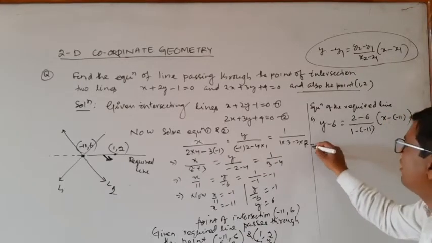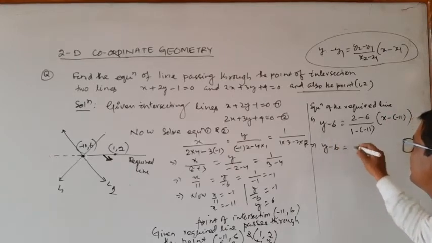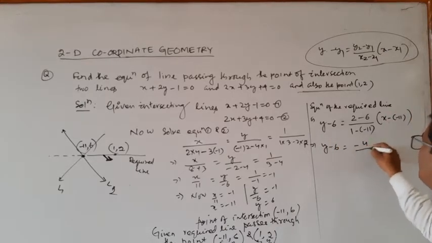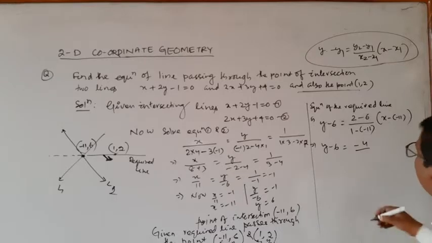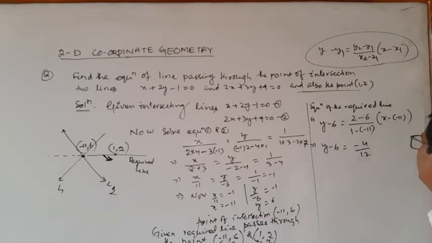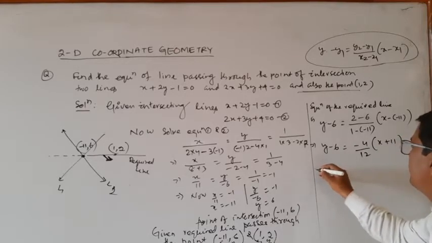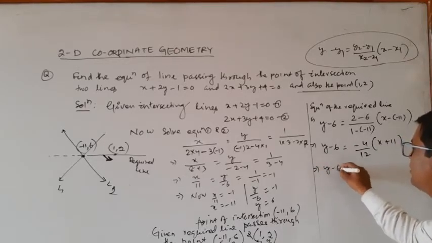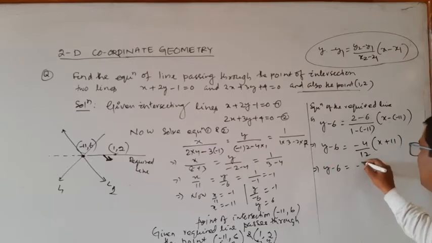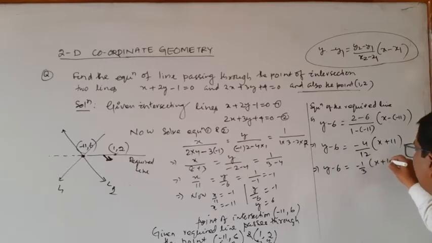So this will be y minus 6 is equal to minus 4 by 12, and this is x plus 11. So y minus 6 is equal to minus 1 by 3 into x plus 11.